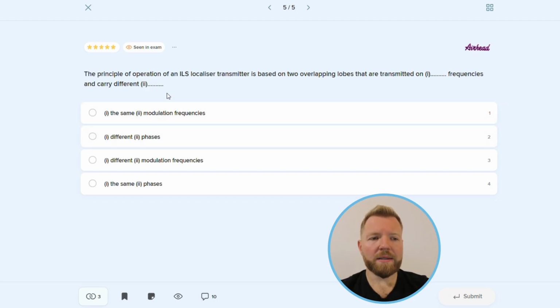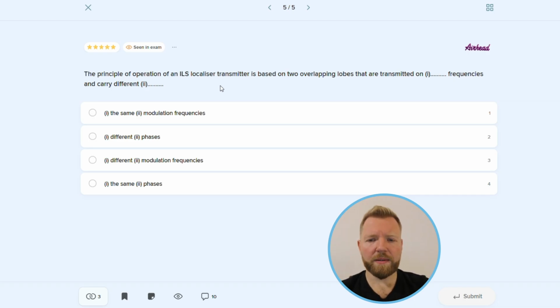So, the ILS localizer is transmitting in the VHF band between 108.000 and 111.950 MHz. And only frequencies with an odd number after the decimal are available for the localizer. The frequencies with even numbers after the decimal are reserved for VORs.